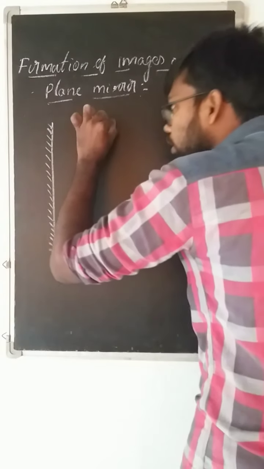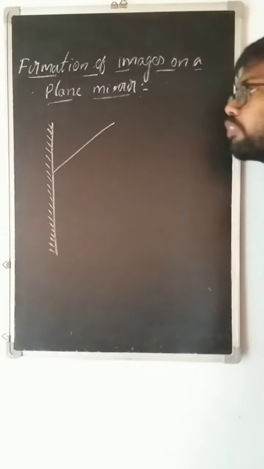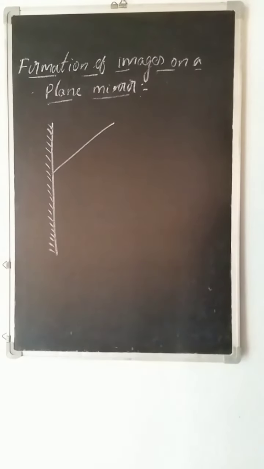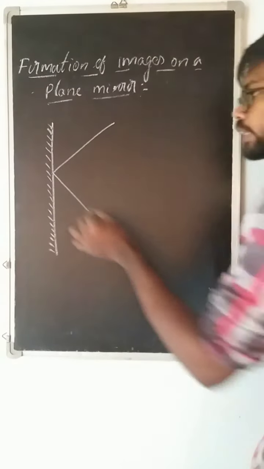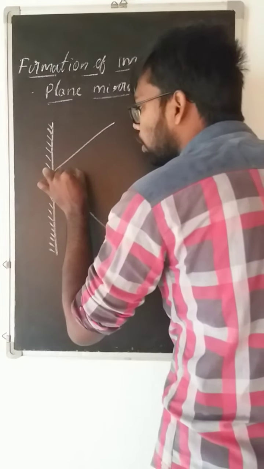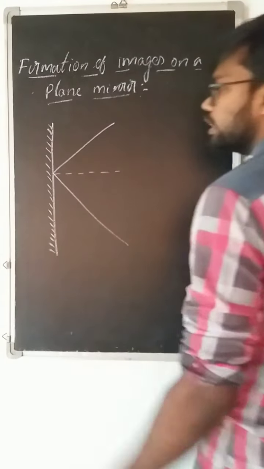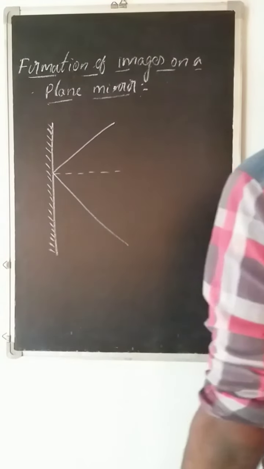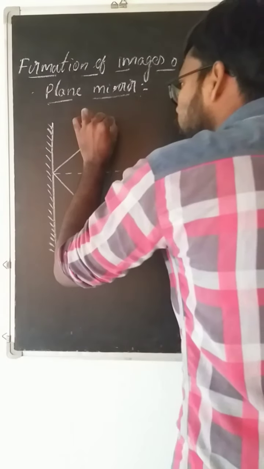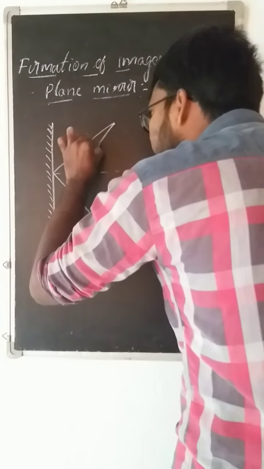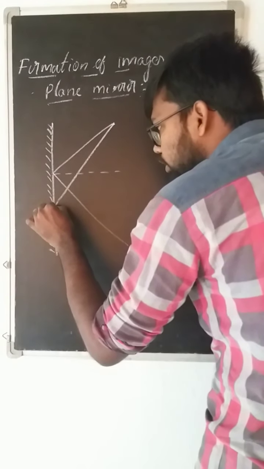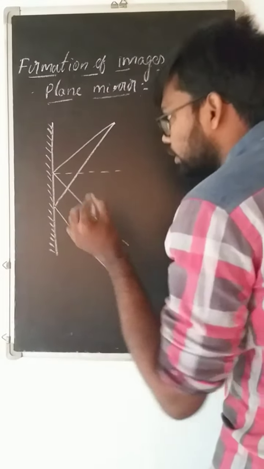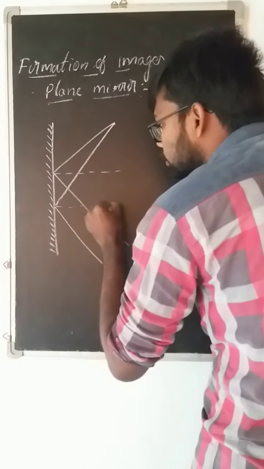So this is the ray of light which is incident, and it will reflect back, and this is the normal. And another ray of light is incident from that point only. So this is also reflected back, and this is the normal.